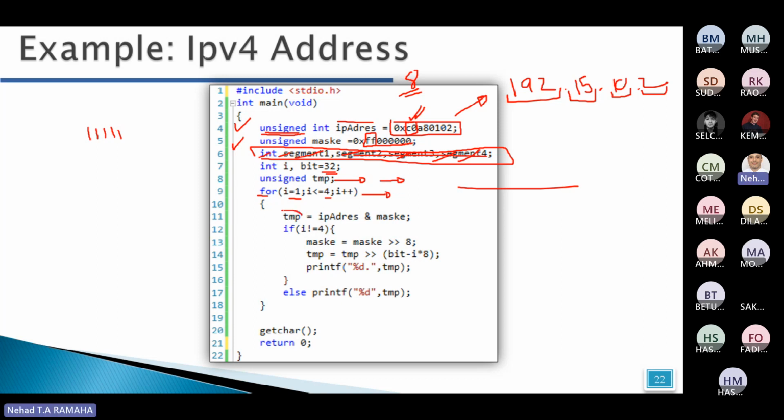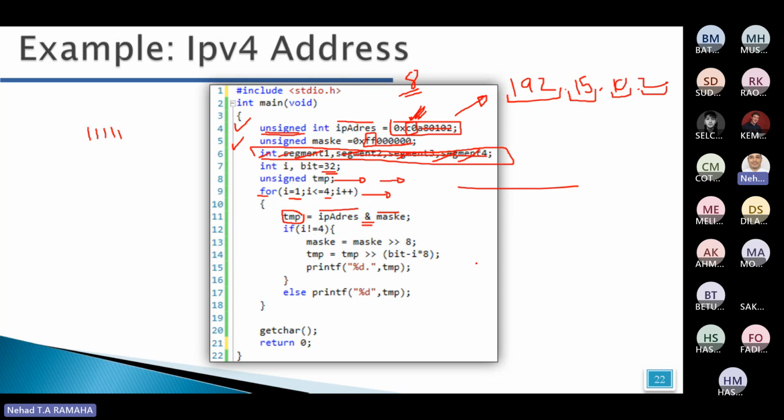Okay. How to calculate the segment? The segment value is the IP address AND operator with the mask. So the first time, it will convert everything into 0 and take this part. Okay, the result will be here as a decimal integer, except if you print it as hexadecimal.